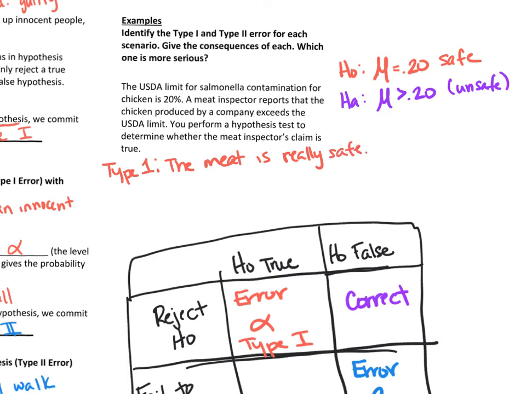The null is true, but the test rejects it and says the meat is unsafe.